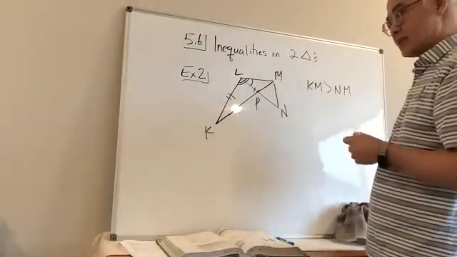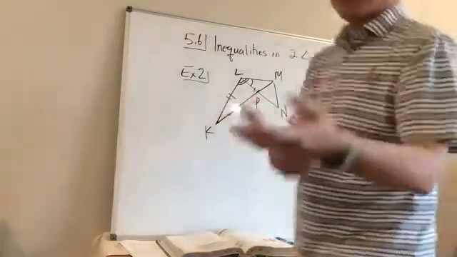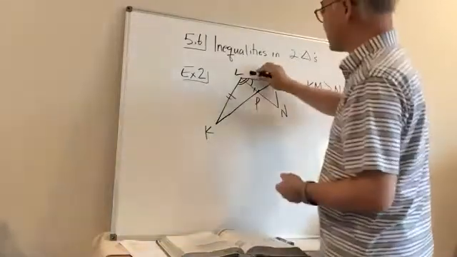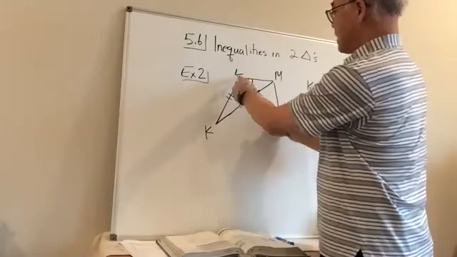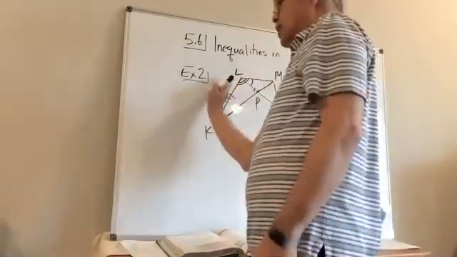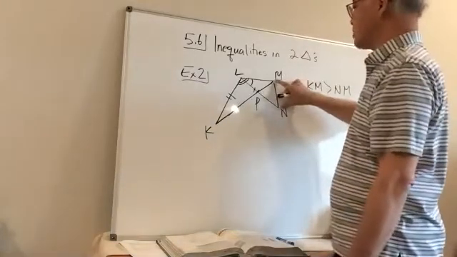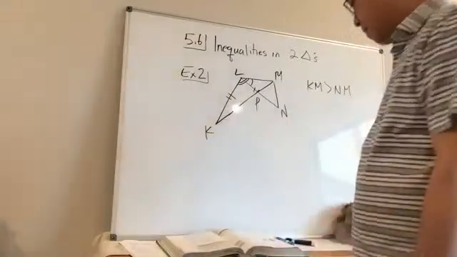Does that make sense? I'm not going to go through the two-column proof, but just think about it. If you have this as the hinge, and these lengths are the same, you're opening the hinge from here to here. So therefore, this is going to be smaller than this one. All right, so we're good, we're done.